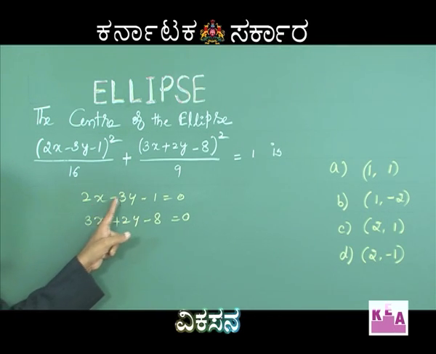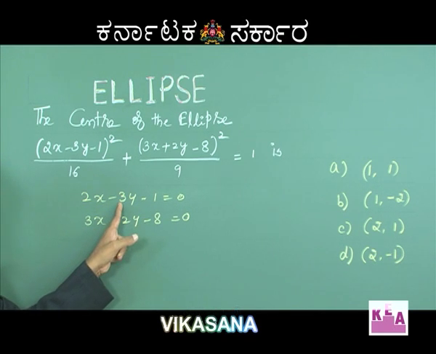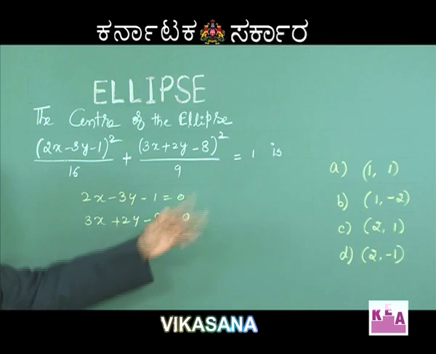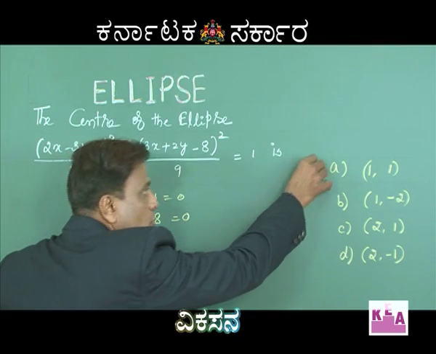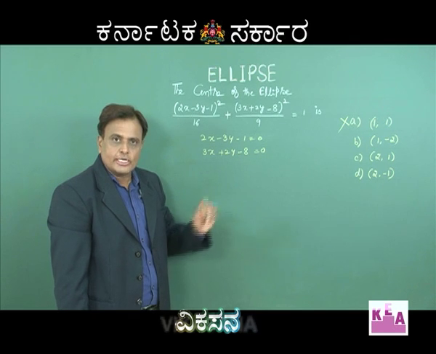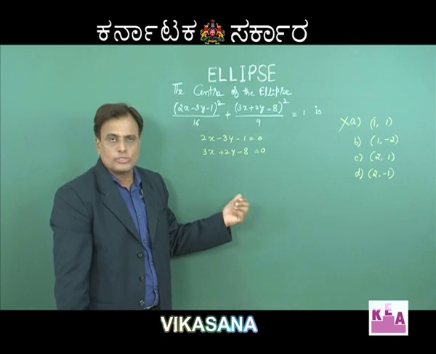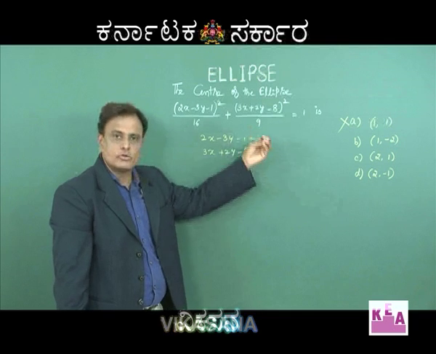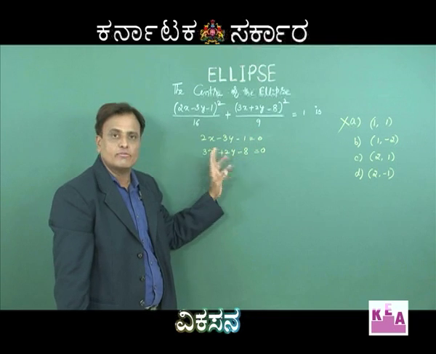2 into 1, 2, minus 3, minus 1, that is minus 2, which is not equal to 0. Not correct, finished, no need to check further. We can directly rule out option A. Now 1 comma minus 2, option B, we check it now. You can take solving the equations as homework and confirm it.